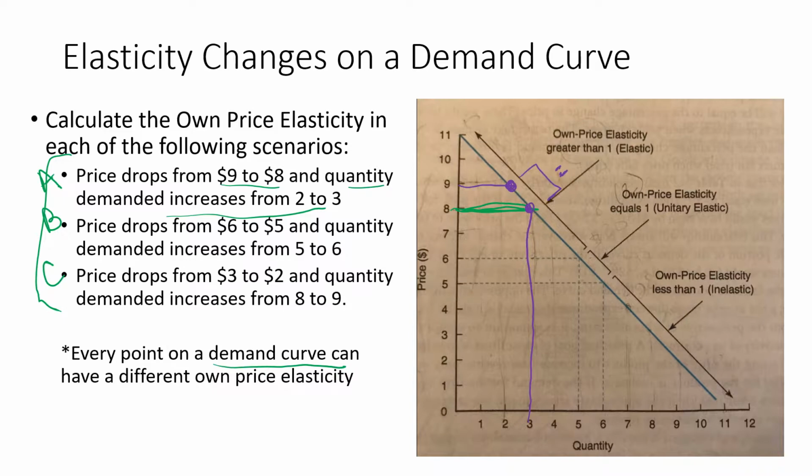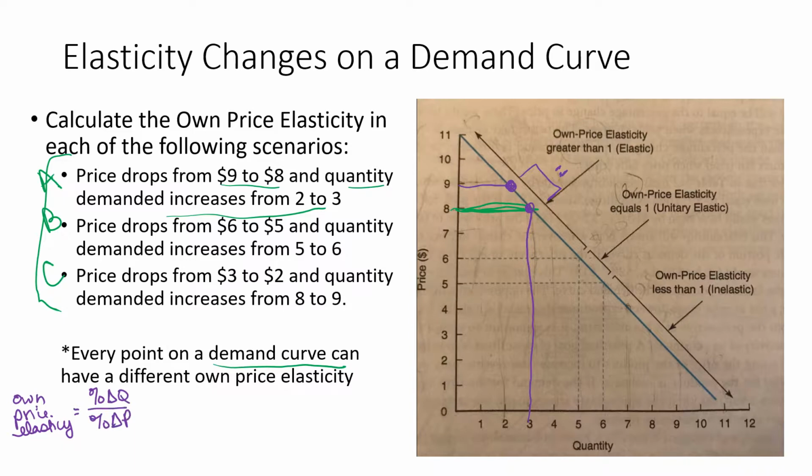Okay, real quick, we're going to try to calculate these own price elasticities. So I might do this kind of quickly, and you might have to review the equation to get it all. But I'm going to shorten percent change in quantity divided by percent change in price.